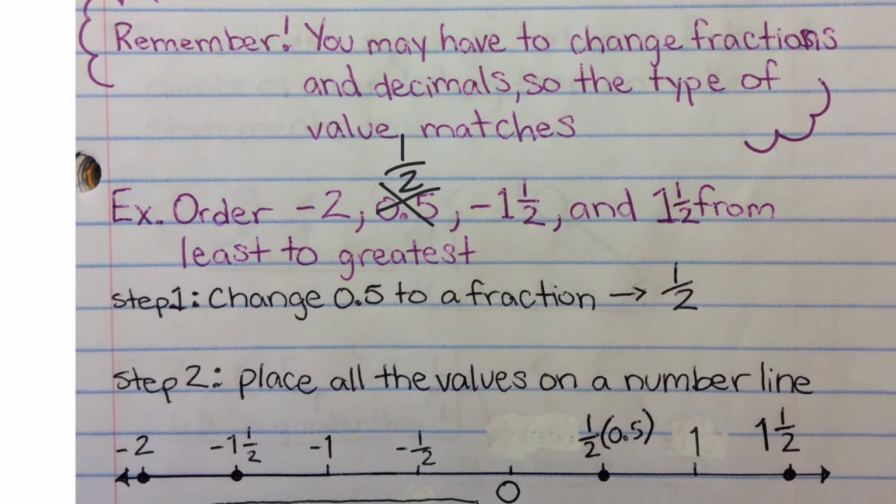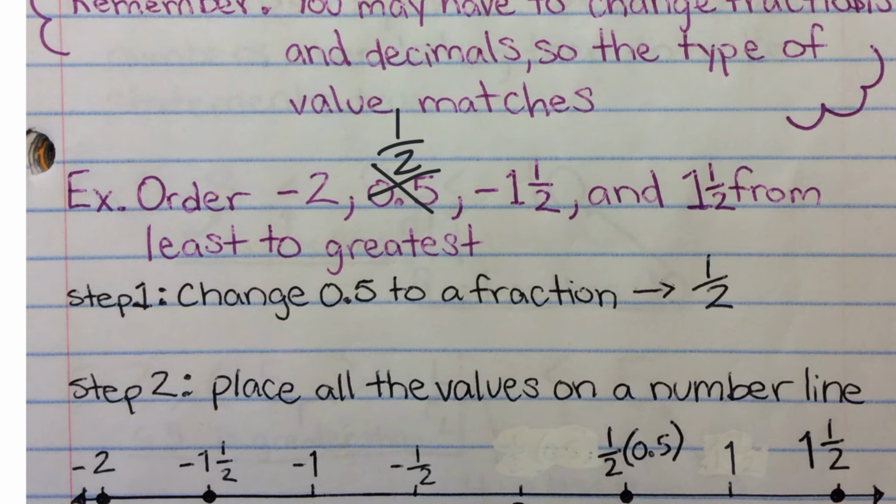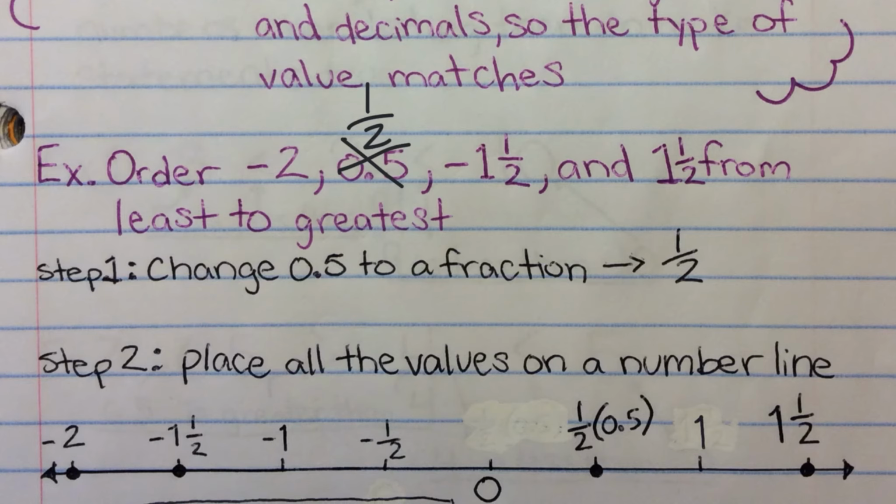Place all the values on a number line. As you notice, I've done a horizontal number line here because I think that's probably what we're most used to seeing. If these are the values we have to hit, -2, 1/2, -1.5, and 1.5, I think an appropriate scale, or by scale I mean the number we count by, would be 1/2, because as you see, 1/2 pops up in 3 out of the 4 of these.